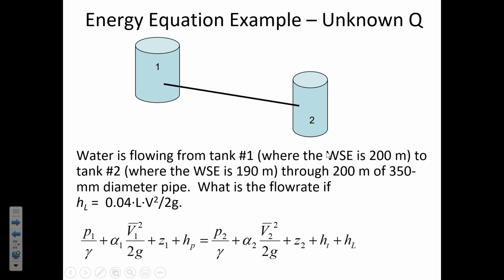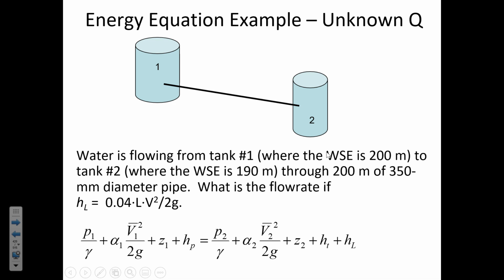There's no turbine here, but let's include H sub T and H sub L. Okay, so 1 is at the water surface on the left, 2 is at the water surface on the right. So what do we know about the pressure of the liquid at location 1?